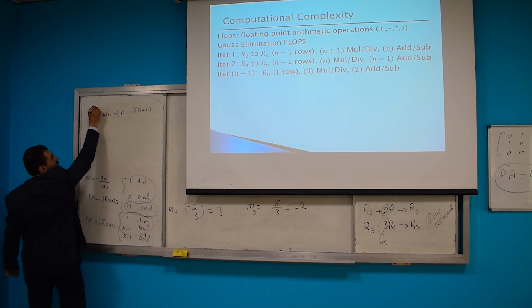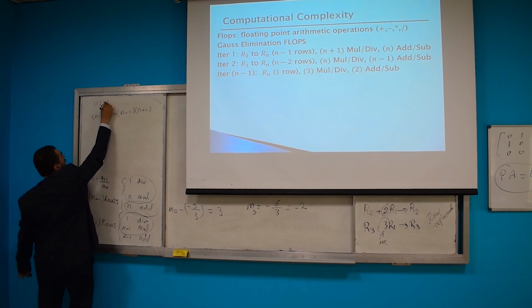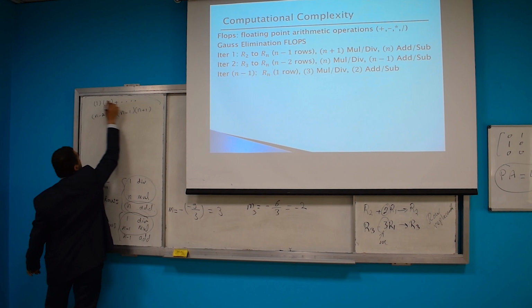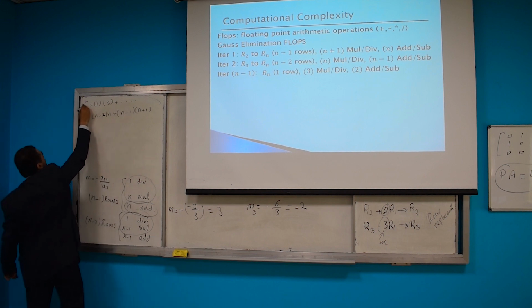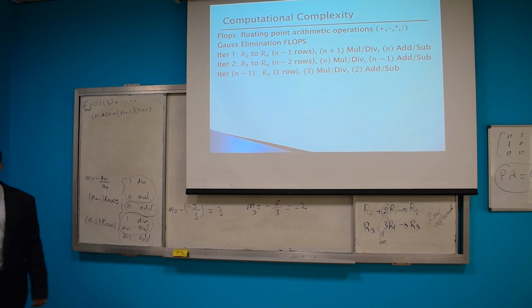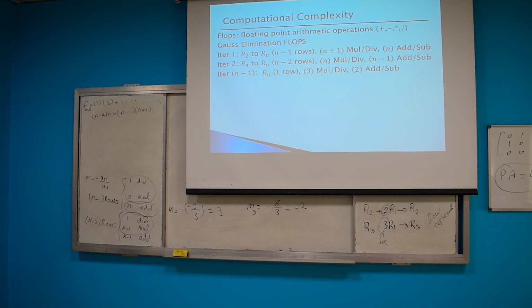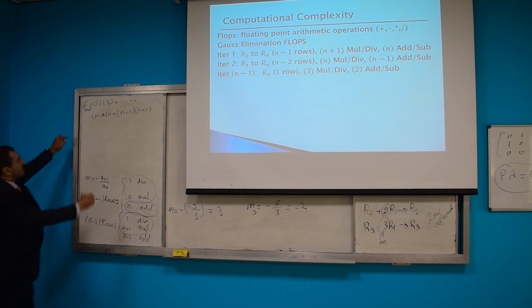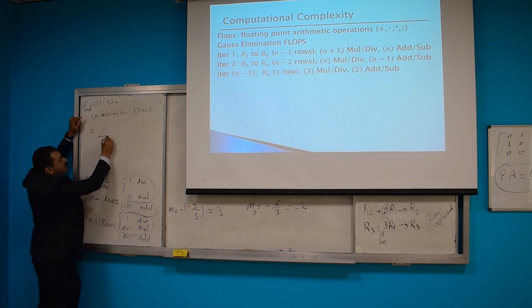So I start with 1 by 3. So this is the number of flops for the multiplication and division. Okay, so we usually write it in compact form.